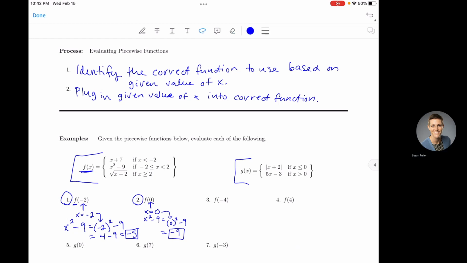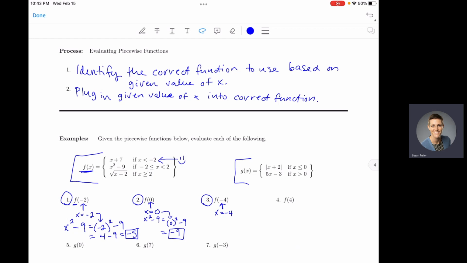Okay, moving on to number 3 here. Our given value of x is -4. So we're going to come through here and one by one figure out which function to use. If x is -4, is -4 less than -2? Yes, -4 is less than -2.